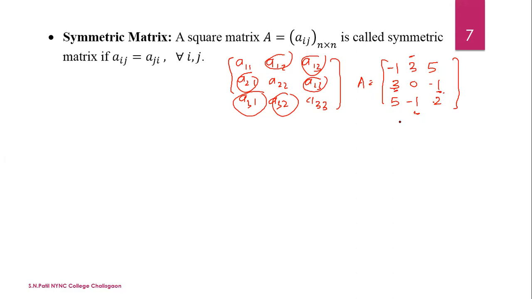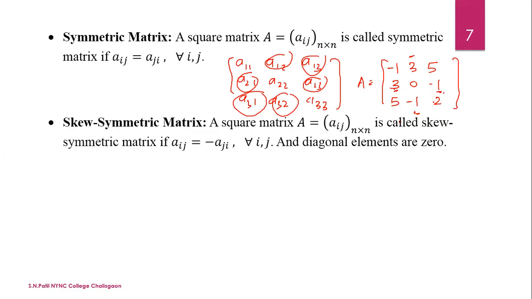Now next, skew symmetric matrix. Skew symmetric matrix means what? Aij is equal to minus Aji, and diagonal elements are 0.